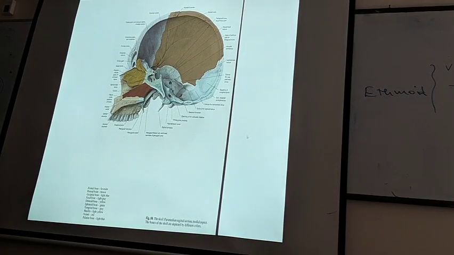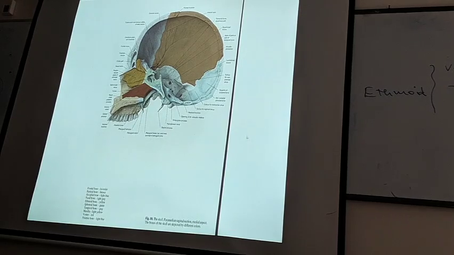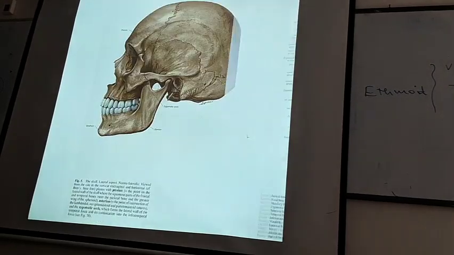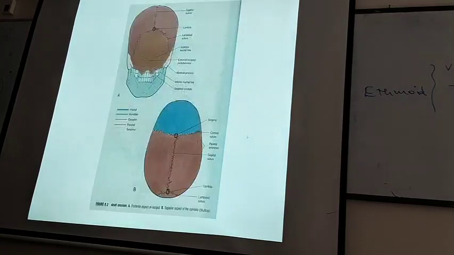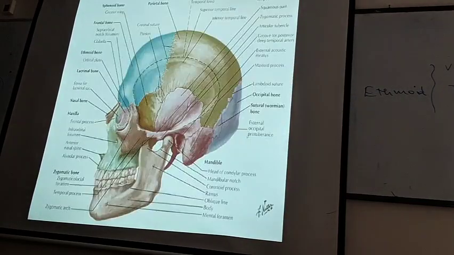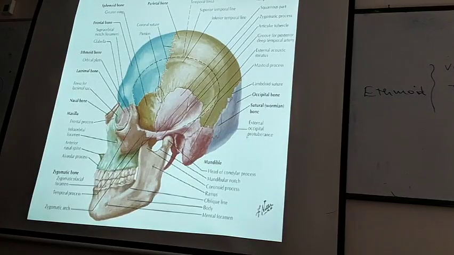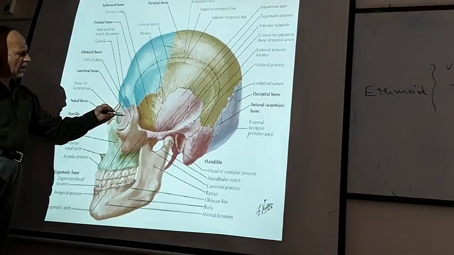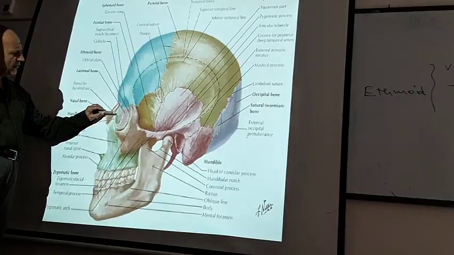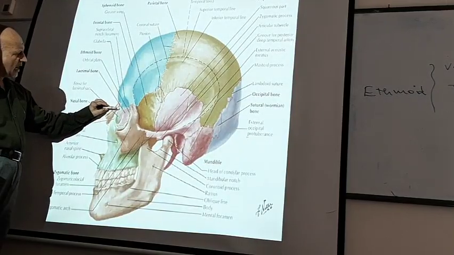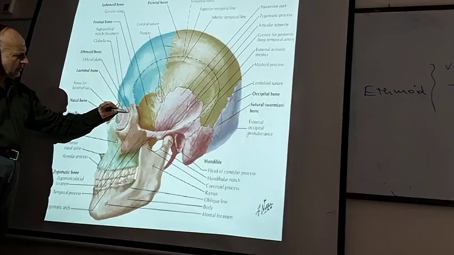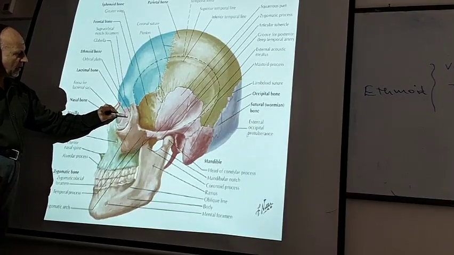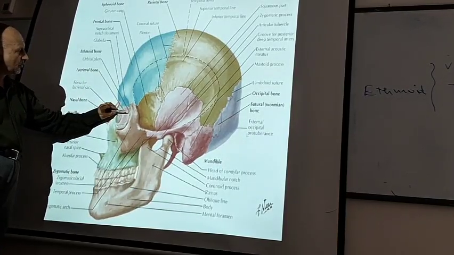You can see another shape here. In this shape, you can see the medial wall of the orbit. From anterior to posterior, we have maxillary bone, lacrimal, and posterior to lacrimal, it is a part of lateral mass of ethmoid.